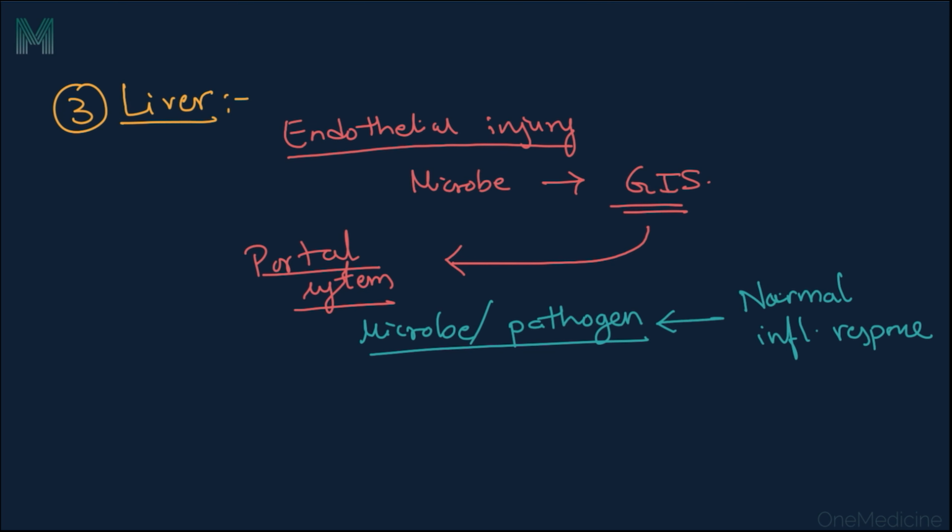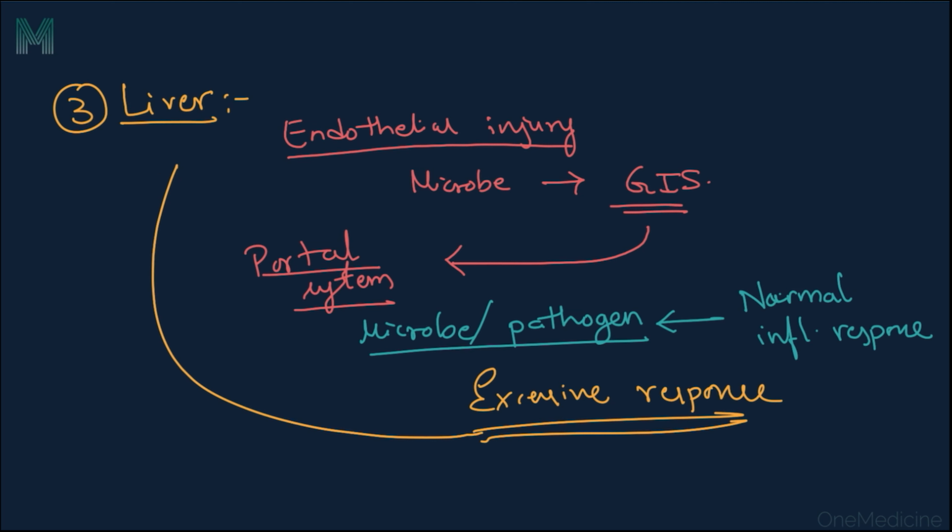However, in cases where the patient is having an excessive response, there is cytokine mediated damage of the endothelium, which further results in extensive damage within the liver. So it is very common to see elevated enzymes such as AST and ALT in sepsis.